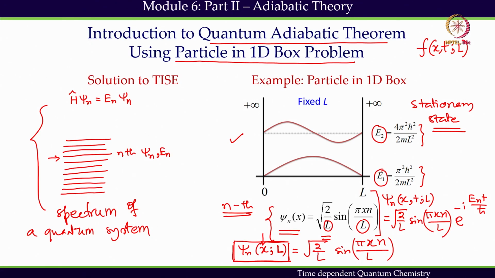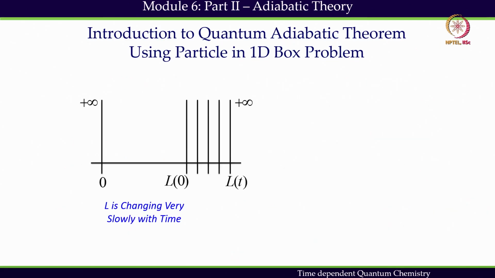This is a concept which we have developed so far, since module 1. Now in all the hitherto treated time dependent problems, we have assumed that the parameter, what was the assumption we have made so far?